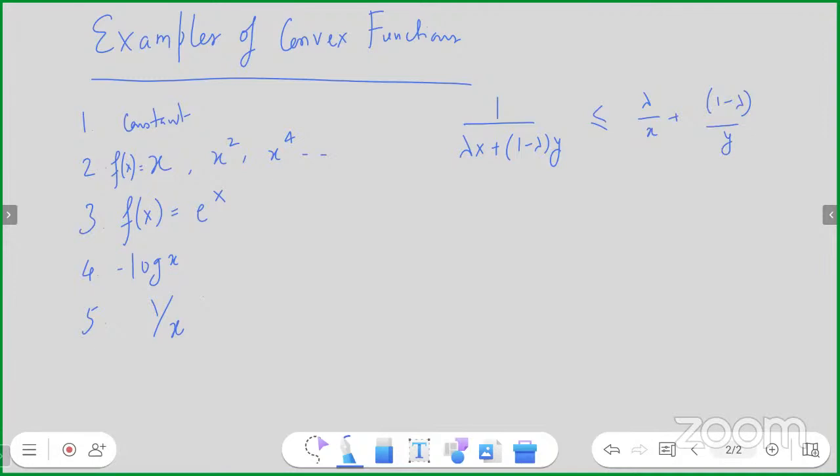looks nasty, right? Any guess how do you do that? So you'll essentially end up getting xy less than or equal to lambda x plus 1 minus lambda y, whole square. Reminds you of something? If lambda is half, what does it remind you of?